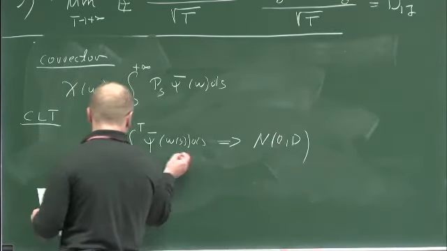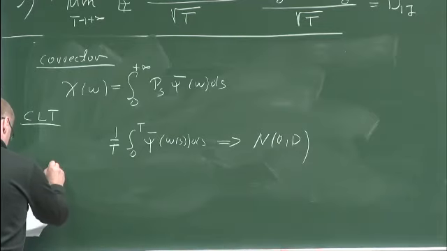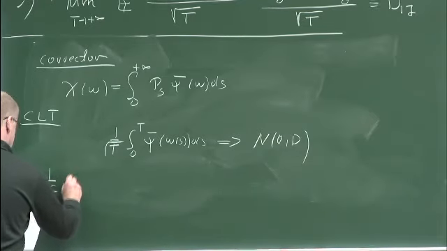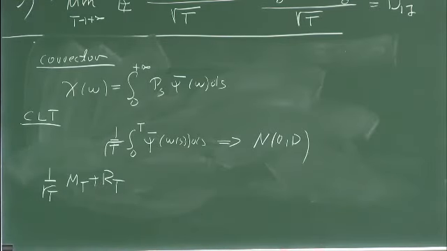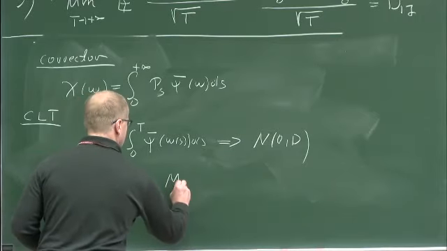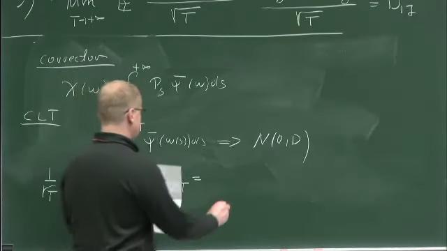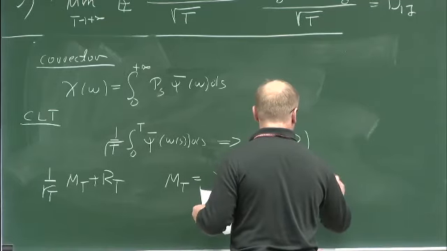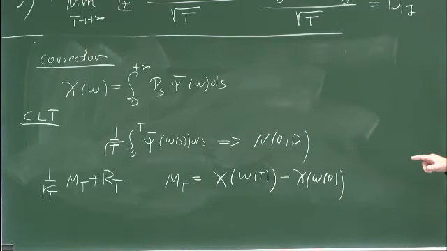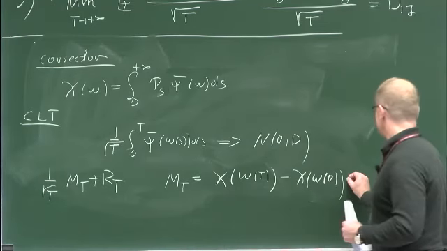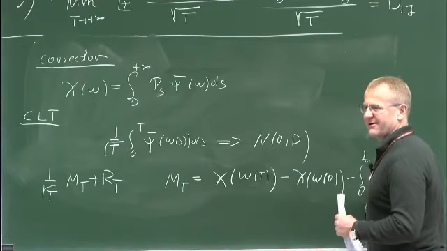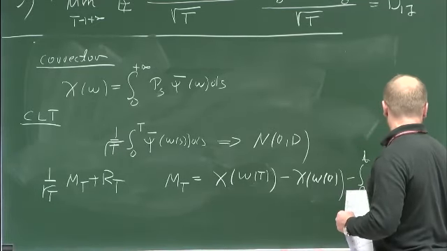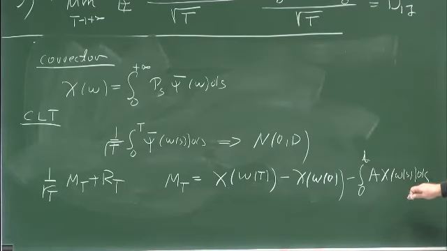I can write that the left-hand side is one over square root of t, times M_t plus R_t, where M_t is chi of omega t minus chi of omega 0. I would like this to be a martingale, so I should subtract the generator of chi. There's a hope that this is a martingale if I subtract the generator. It's like an Ito formula. But chi is probably minus psi.